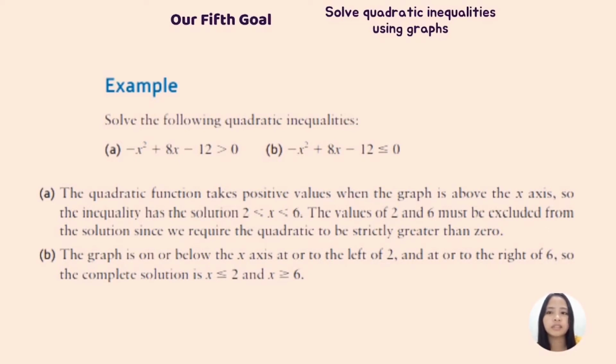The values of 2 and 6 must be excluded from the solution since we required the quadratic to be strictly greater than 0. So in letter B, negative x squared plus 8x minus 12 less than or equal to 0, the graph is on or below the x-axis, to the left of 2 and to the right of 6, so the complete solution is x less than or equal to 2 and x greater than or equal to 6.